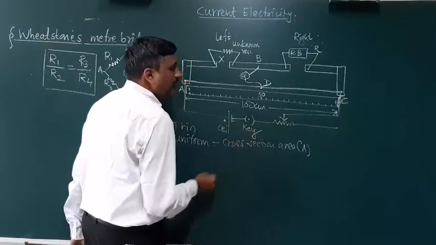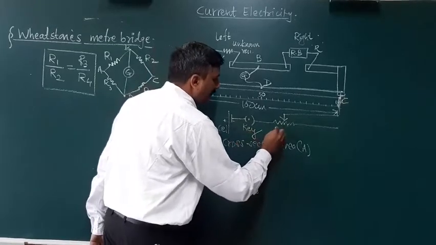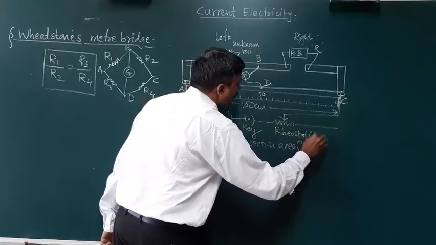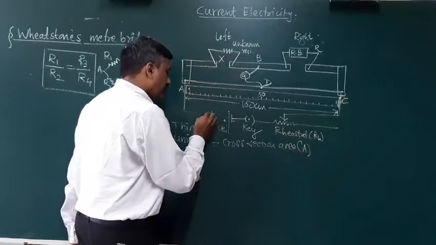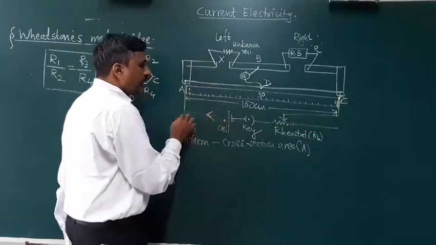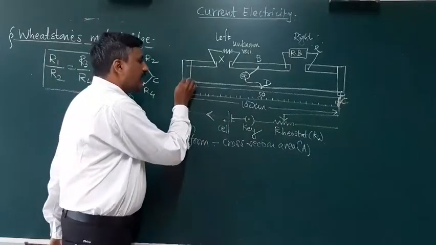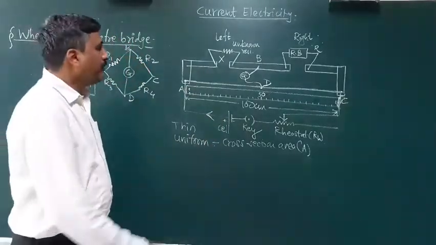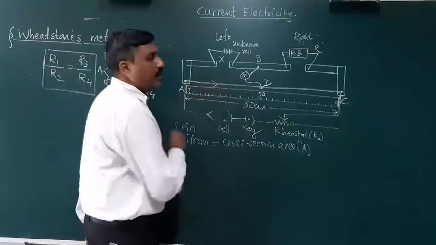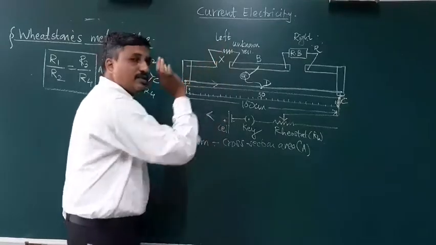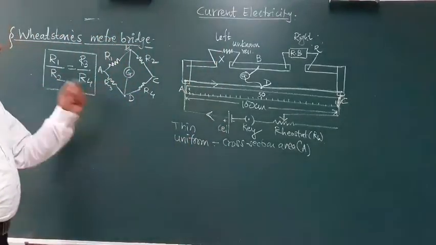This is a key, symbol K, and this is a rheostat, symbol RH. From the positive terminal, electric current flows and reaches the point A. From here, some amount of current flows through this part, and the remaining current flows through the unknown resistance.